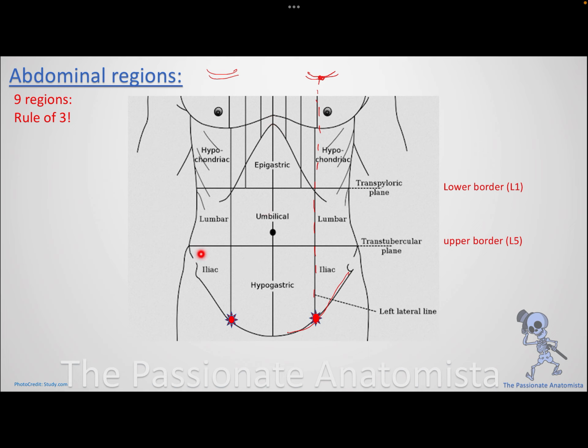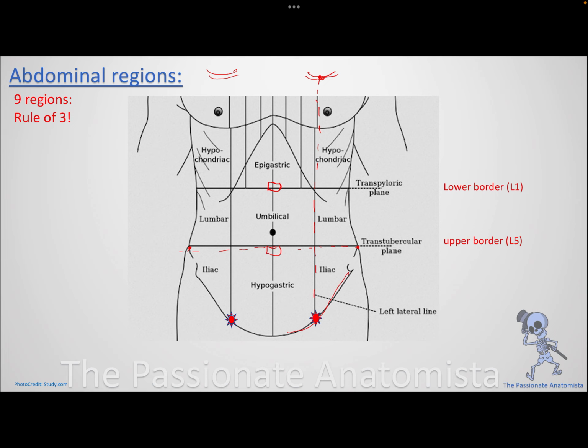You have 2 transverse lines, one that goes through the pylorus of the stomach, and that is basically at the lower border of L1. So here you have the L1 vertebra, and this is what we call the transpyloric plane. And then you have L5, and that is the transtubercular plane, which goes through the tubercles of the iliac bone, and that is basically at the upper border of L5.